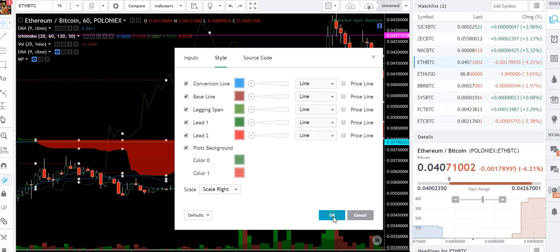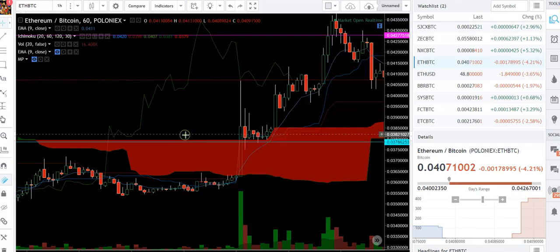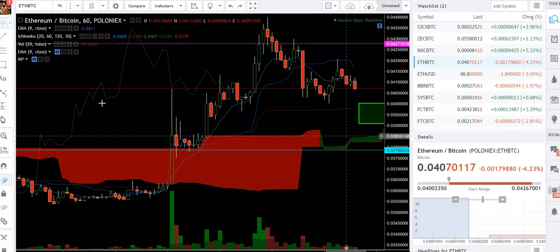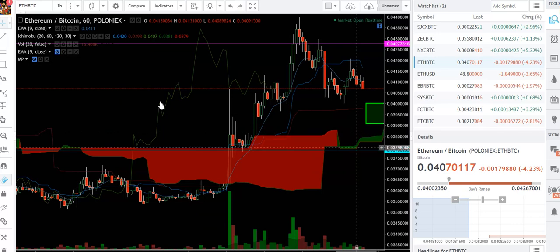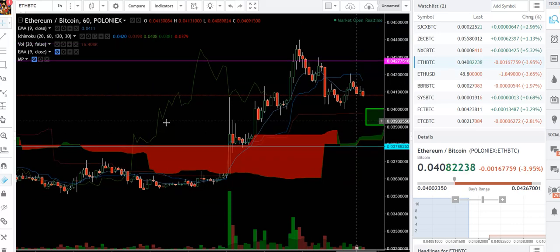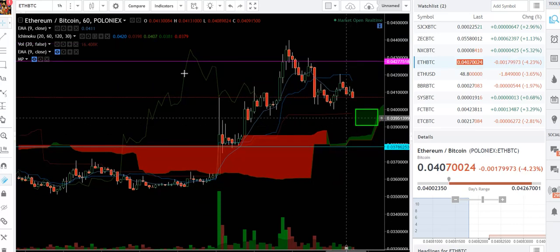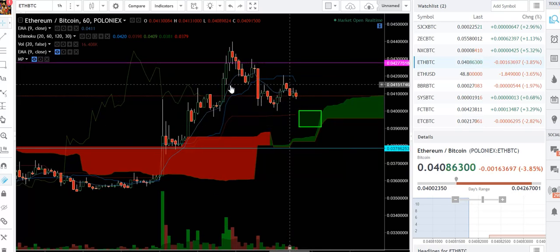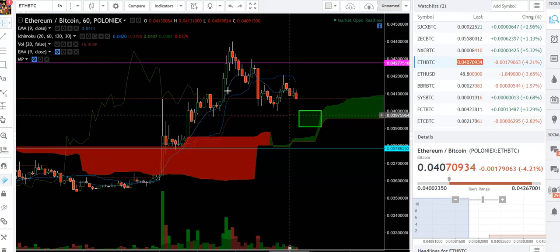But for me, I don't like to count on one indicator or another to tell me I should take a trade. The Ichimoku cloud is an indicator, but it also has trading signals built into it, meaning that if you study it enough, how these lines relate to each other and cross each other is going to give you a signal of a trade, basically.